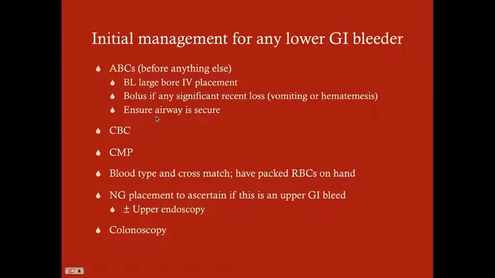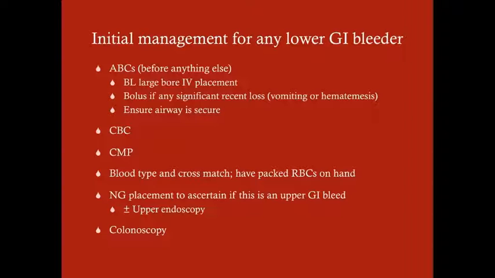You'll want to get a CBC, a CMP. You'll probably also want to have coagulation panels, and then you'll want to have a blood type and cross-match, and definitely have red blood cells on hand. You'll also get an NG tube placed, and that's just in case you're concerned about an upper GI bleed, if there's anything in the history that makes you think that it might be upper GI, and you can differentiate that out if you don't get any blood through the NG tube.